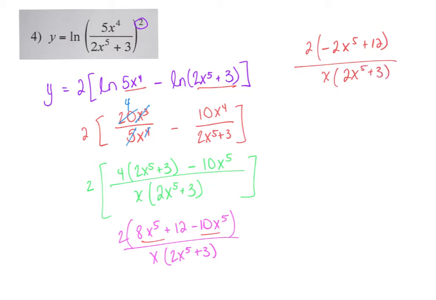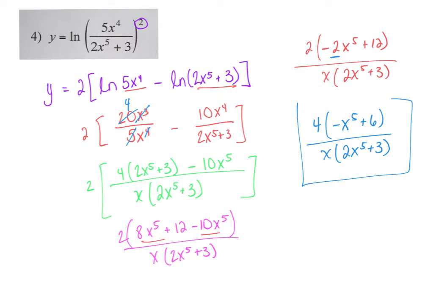Your answer key also pulled out a 2 here. So they have 4 times negative x to the 5th plus 6. And the only reason you do that is to see if you could simplify it with anything else, honestly. I don't know that it makes it any simpler, but some people would actually distribute this through once they saw nothing would simplify. So either one is fine.